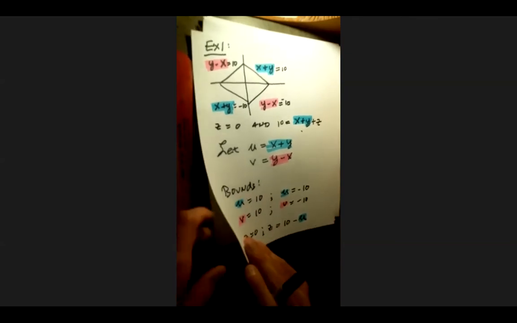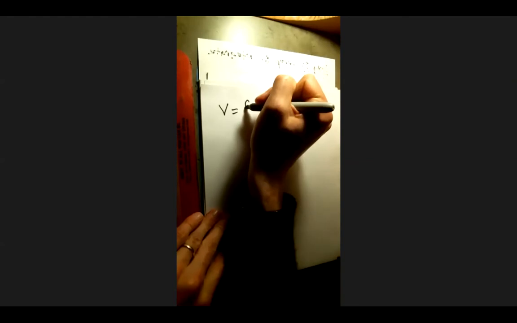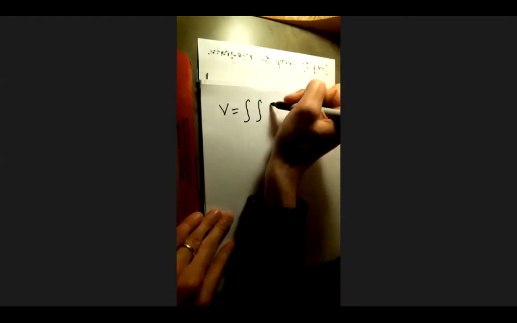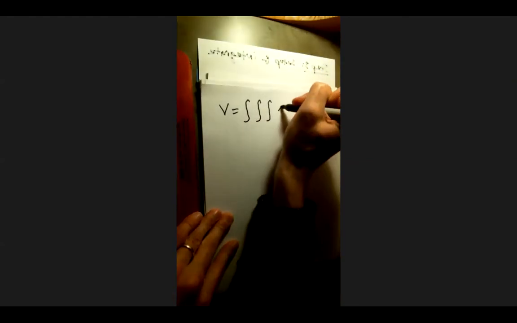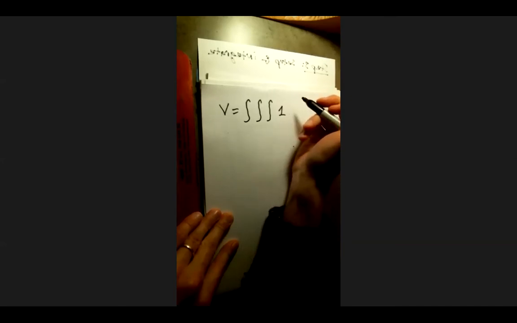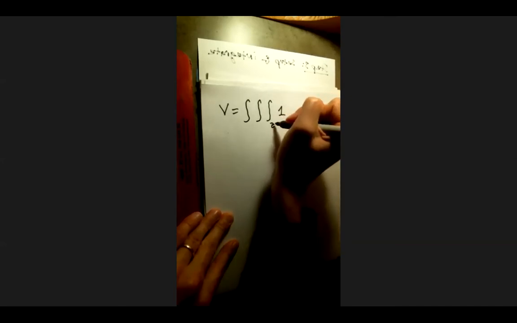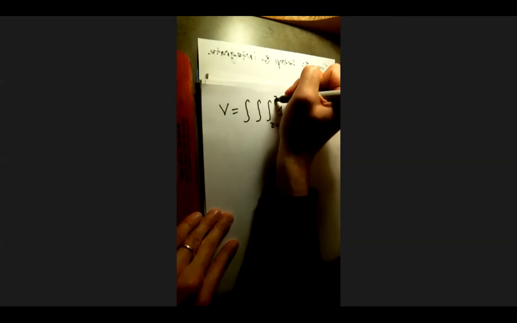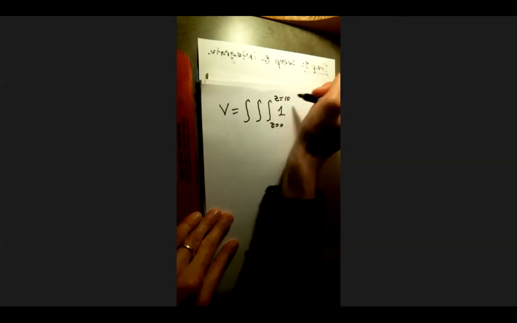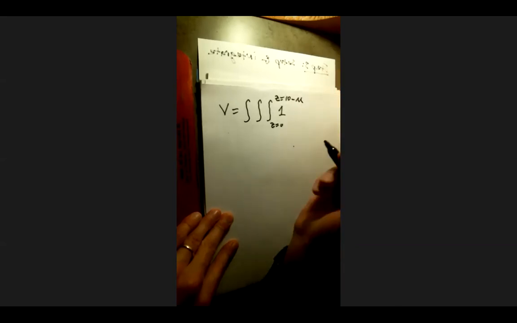So we can set up the integral. We can say that our volume is now equal to the triple integral, and our z values are still going from z equals 0 to z equals, it was 10 minus x minus y, but now it's just going to be 10 minus u.